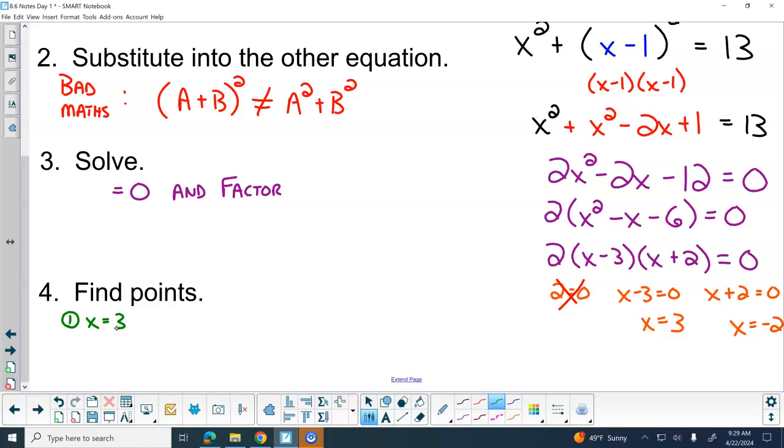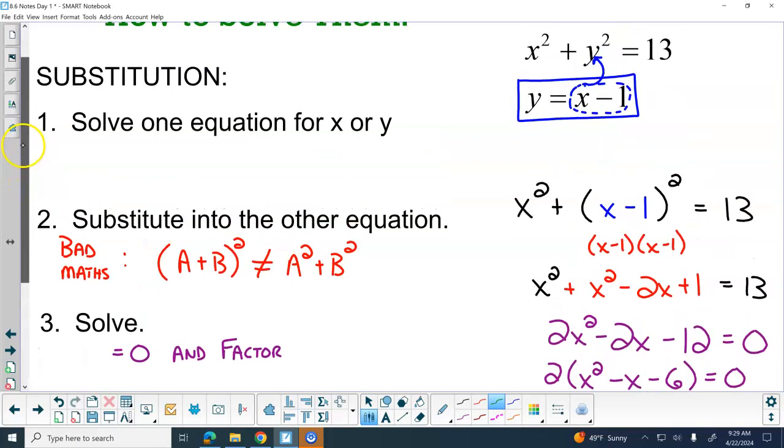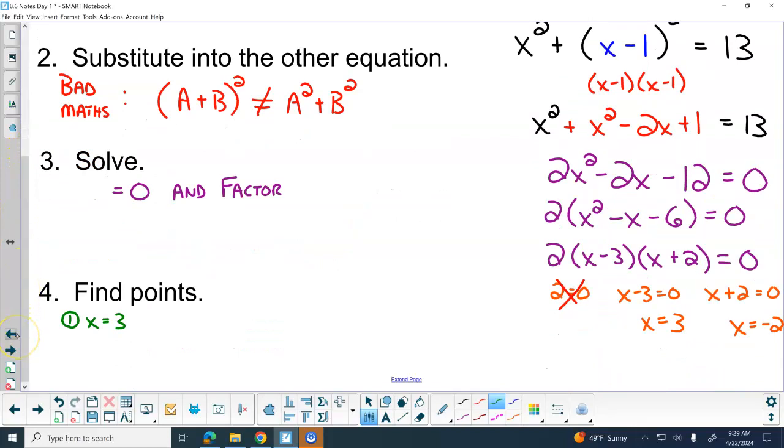If it's a linear system, you only got to go back into the line. So y equals x minus 1 would be y equals, my x is now 3 minus 1. 3 minus 1 is 2, so that gives me a y value of 2.